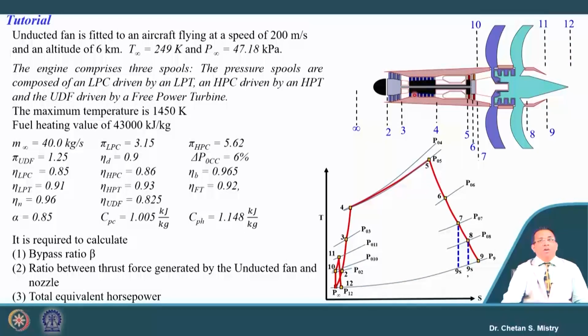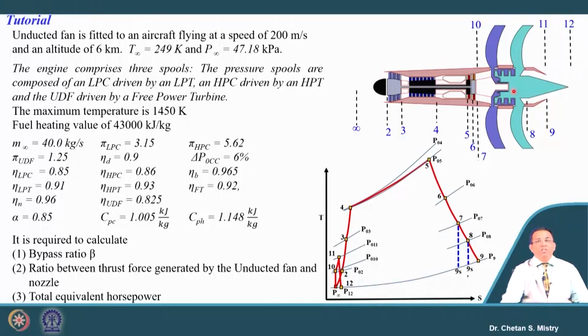So, for the core engine we have a 2 spool configuration. It also says the power turbine is used to rotate the unducted fans, so this is our free turbine. No information is available on whether it has a nozzle or not, but let us put a nozzle at the exit.